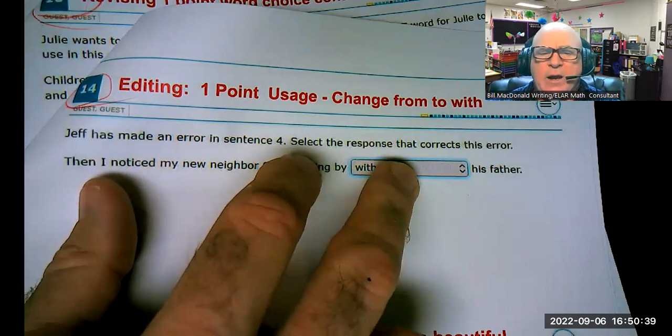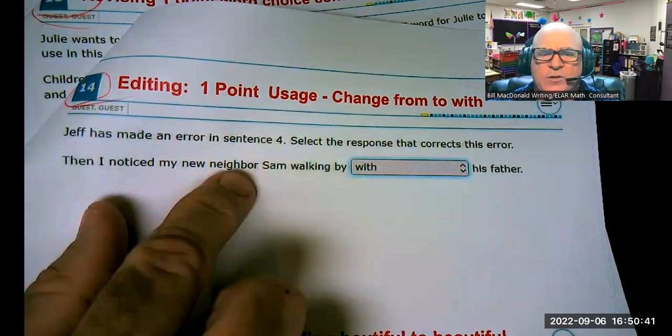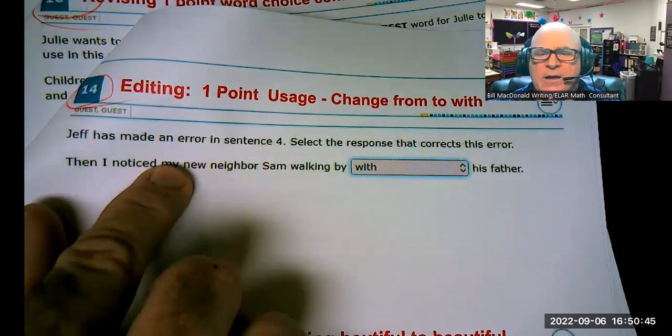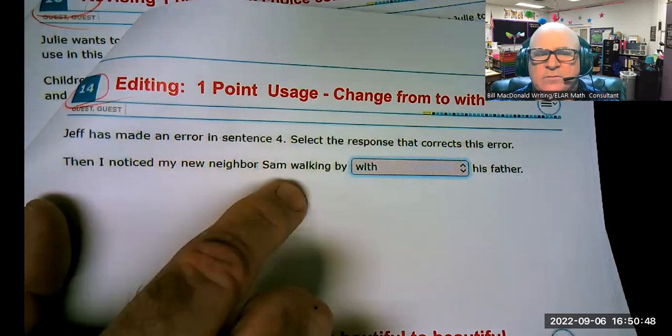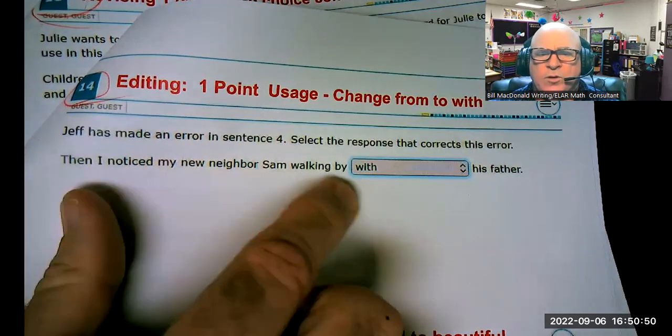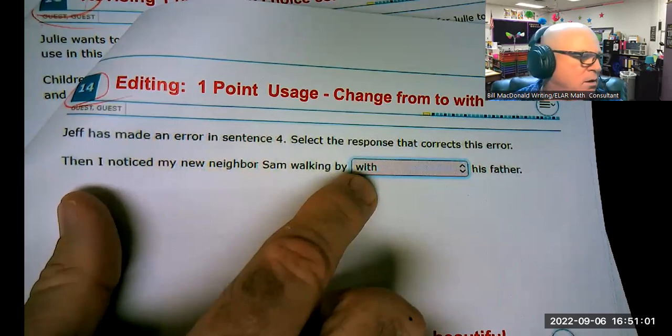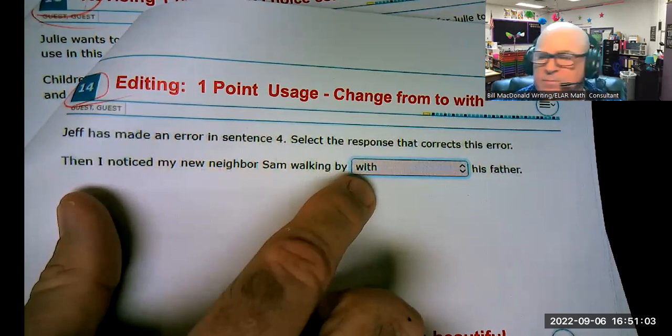Then I noticed my neighbor, Sam, notice past tense, my neighbor Sam walking by with his father. The word that was there didn't make sense. And so when you go and look at the link that I sent you, the kid was walking by with his father.